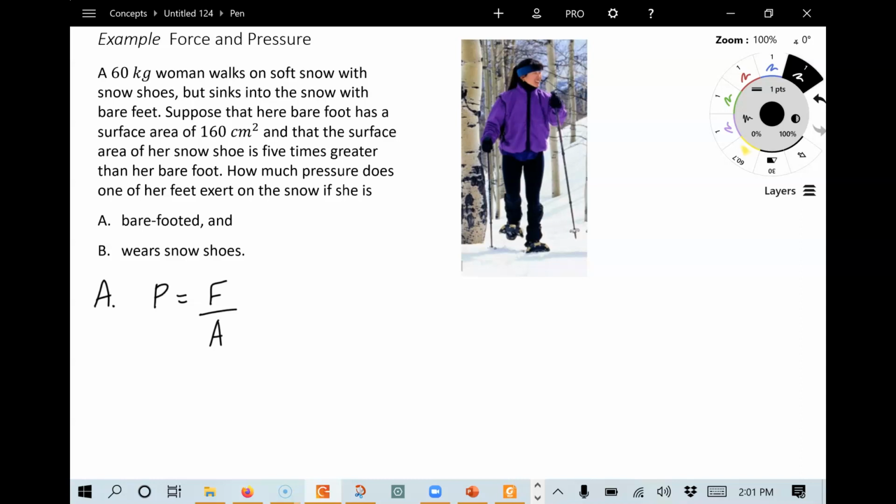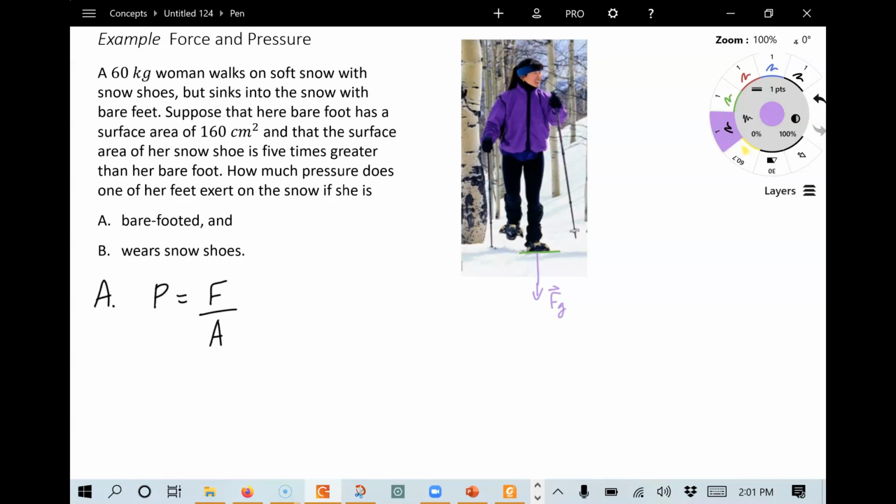Now in this case, we see that the person walking here has all their weight on one of their feet. So we can imagine there's a contact force between the snow and the foot. The woman is in equilibrium at the moment, so her downward force due to gravity is going to be a certain amount, Fg.